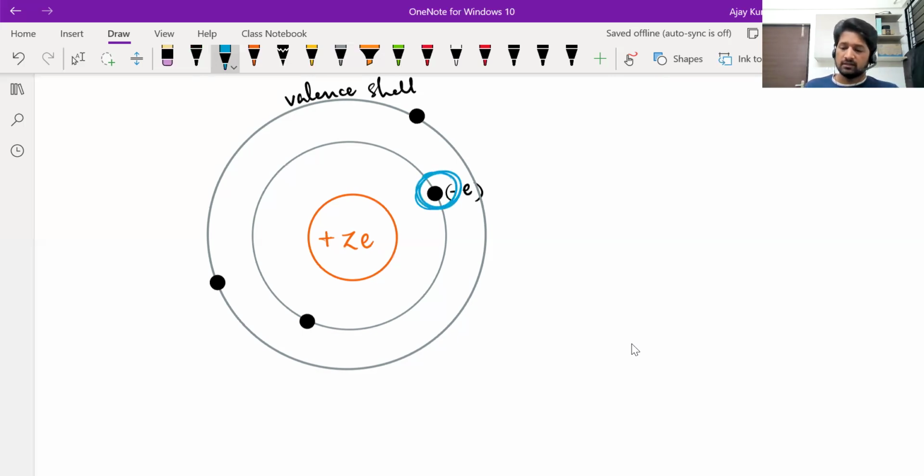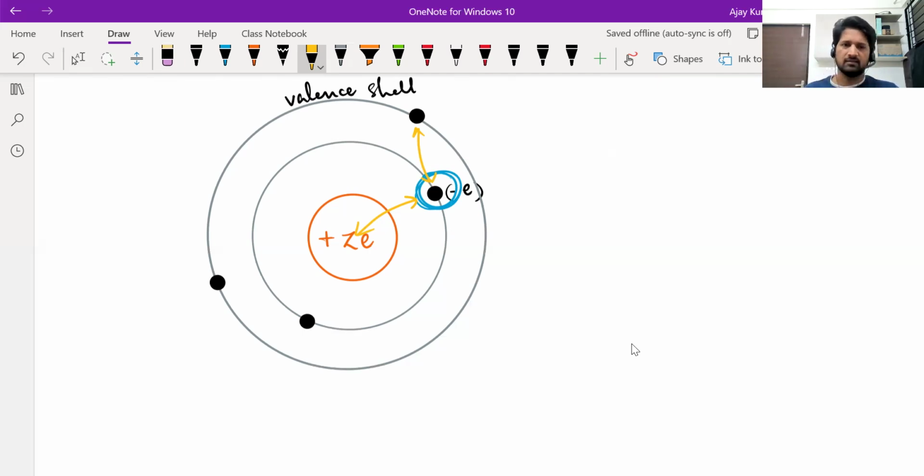When there are multiple electrons in an atom, the total energy of an electron not only depends on its interaction with the nucleus, it also depends on its interaction with the other electrons. And electrons are moving around randomly. So the total energy of any particular electron cannot be fixed.